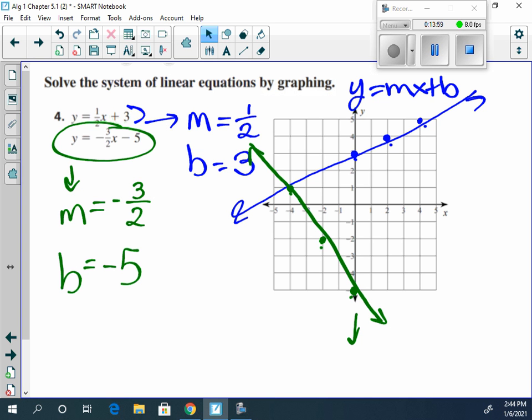It'd be the point where they intersect, and they intersect at negative 4, comma 1, where x is equal to negative 4 and y is equal to 1. That is the point where these two intersect, the solution for this system of linear equations. Any questions on this here?